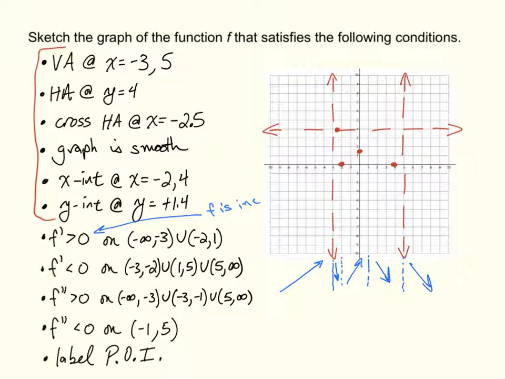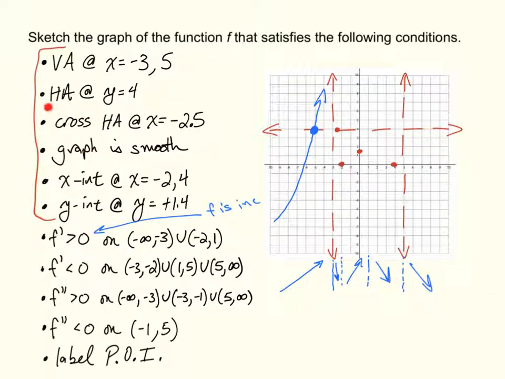All right, let's see. If the function is increasing to the left of negative 3, and for some reason you thought you should start underneath the horizontal asymptote, since it says that you have to keep increasing, at some point you will have to cross the horizontal asymptote.